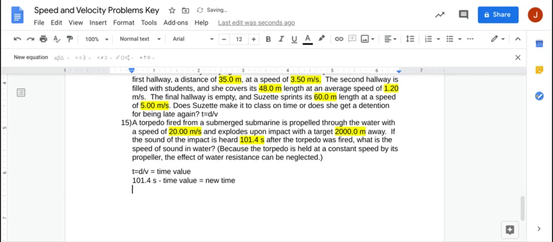After that, you're going to find the velocity of the speed of sound in water. So V equals d over t. So you're going to use your 2,000 meters. That's in the problem. And divide it by the new time that you have found from the first problem. And that'll give you your meters per second or your velocity of sound in water.